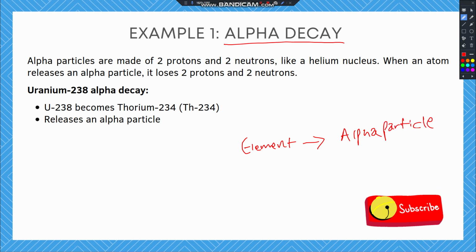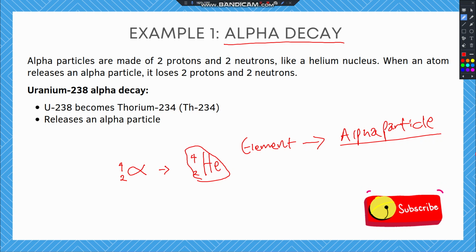Now remember, in one of the previous videos in this series, we talked about the denotation of the alpha particle. This is how it is denoted. The alpha particle has a mass number of 4 and an atomic number of 2, very similar to the helium atom. Okay, so now when an atom or an element undergoes radioactive decay, that is the alpha decay, what simply happens is that that element will lose an alpha particle, or it will radiate an alpha particle.